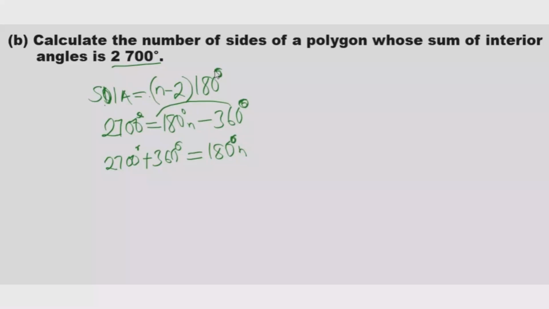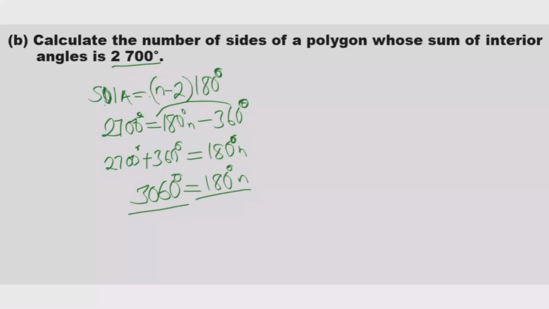So 2700 plus 360 degrees will give us 3060 degrees, which will be equal to 180 degrees n.